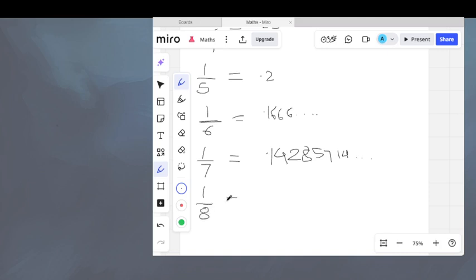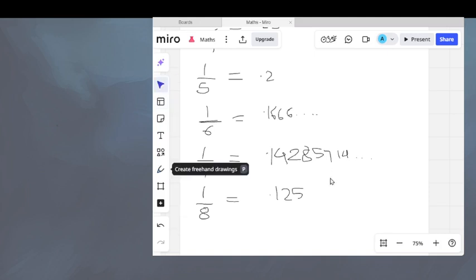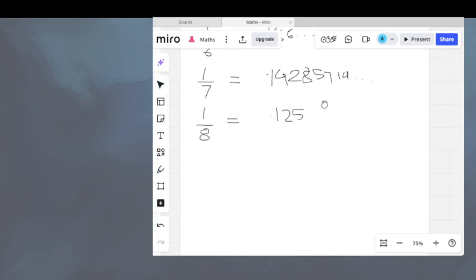The result is 0.125. Now let us not stop here and check some more fractions. 1 by 9.